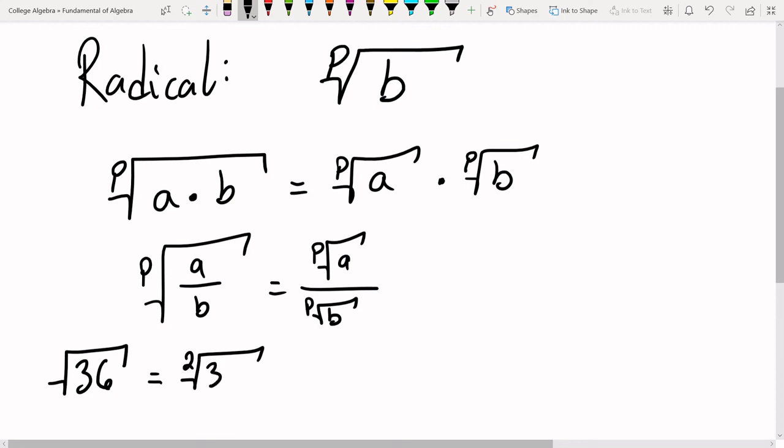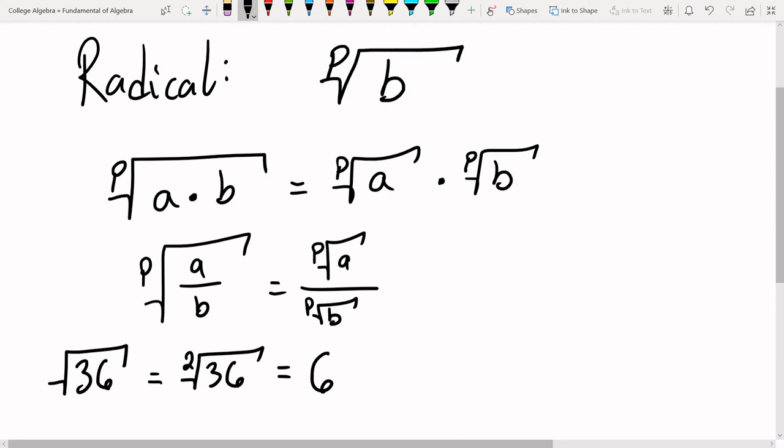There is a 2 there, however, it's just understood to be there. A radical asks the question, what number times itself the radical power number of times, in this case 2 times, equals 36. And this is 6 times 6. 6 times 6 equals 36. So the square root of 36 is 6.